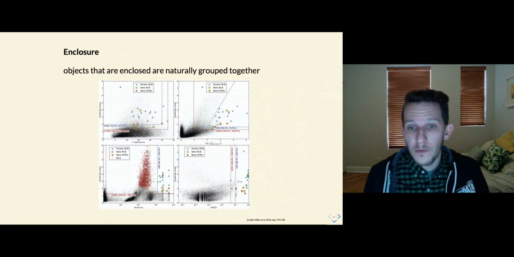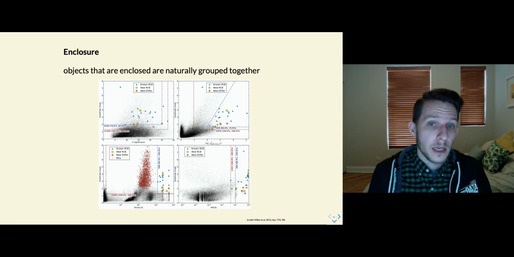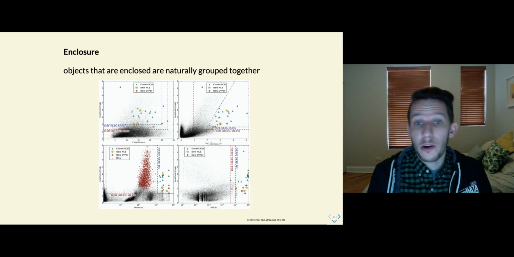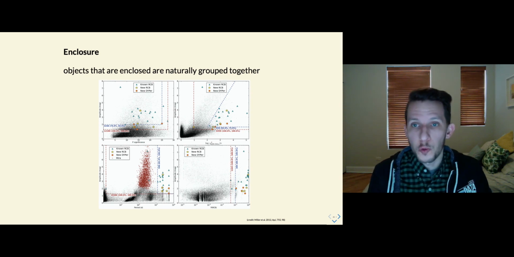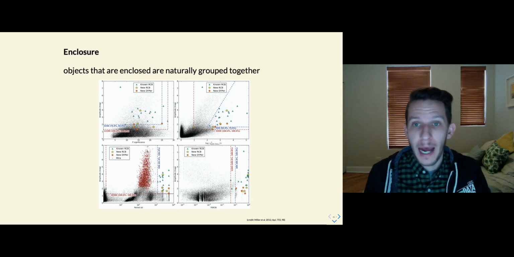And then finally, of these principles that I discussed, enclosure is the last one. And objects that are enclosed are naturally grouped together. So just a quick hint, if you want to build salience, there's nothing you can do better than to enclose some object, right?